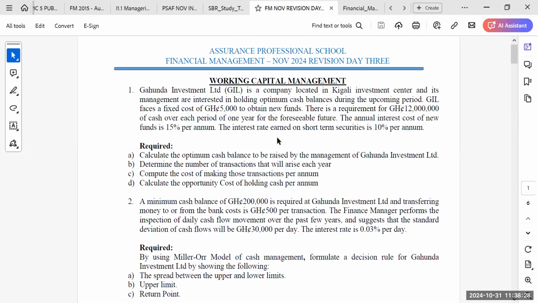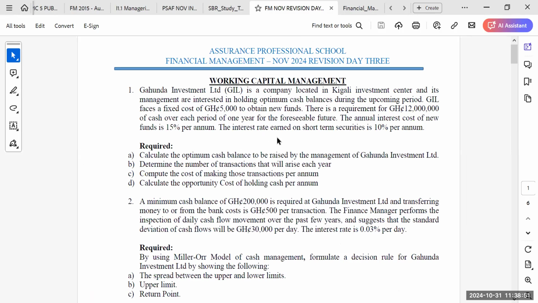Okay, so let's come here. What is the annual demand for the cash? 12 million. Sometimes they can give you monthly, then you multiply by 12. So our annual demand over here is 12 million.